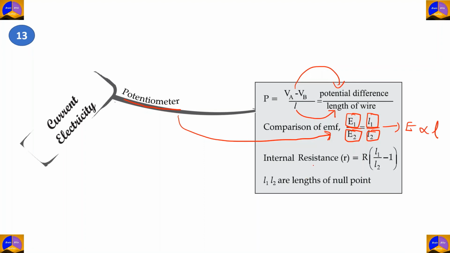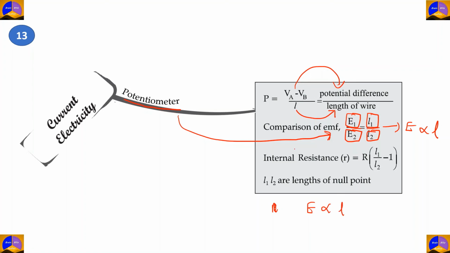The next formula helps us to find the internal resistance of an electric cell. So we use two relations here.